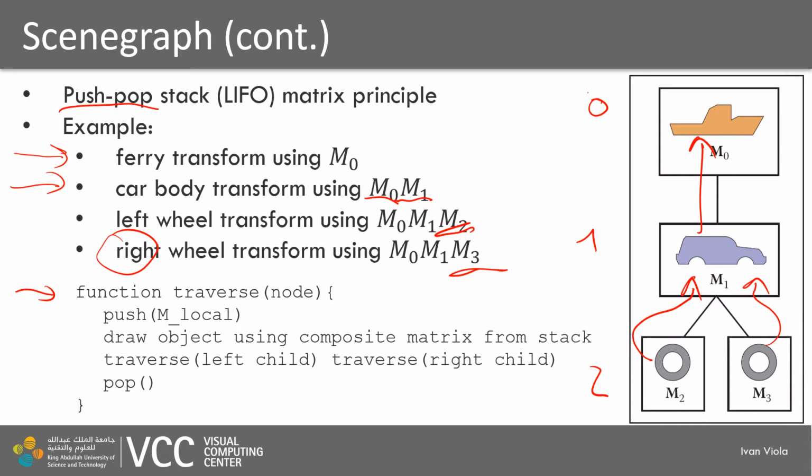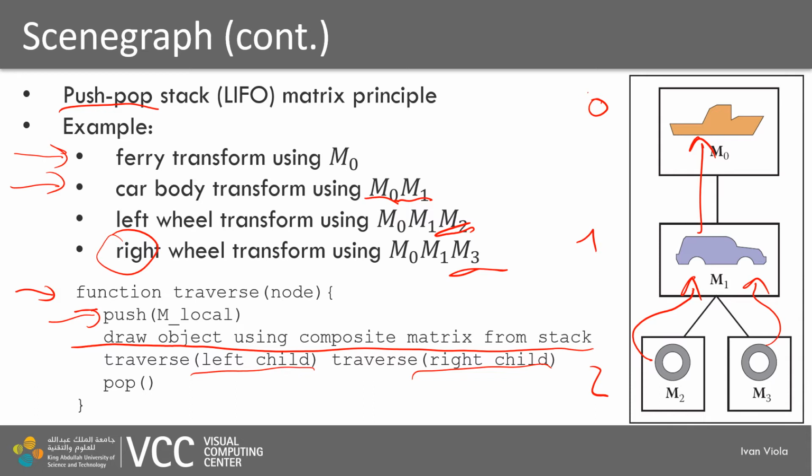push at the beginning our local transformation. Then we perform the transformation from the composite matrix stack, and then we recursively traverse this tree for the left child and for the right child. We might have more children to traverse, but in this case, it will be just these two.